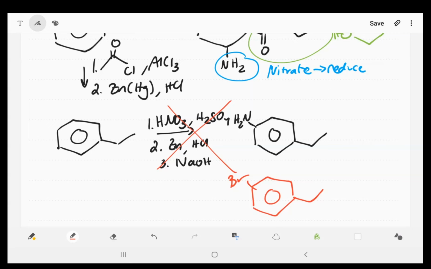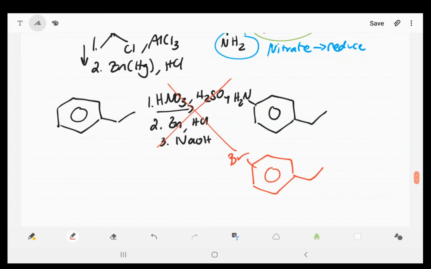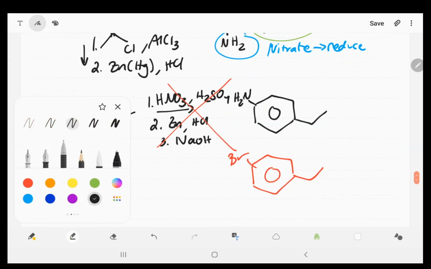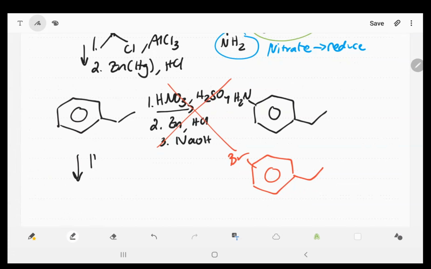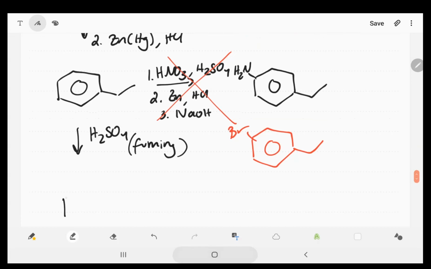We do sulfonation and then desulfonation. Yes, very good. I have to turn around a sec because the dogs are being cute. Okay. Very good. Yes, absolutely. We're going to block off that para position. We are going to make it so nothing can go there. Awesome.